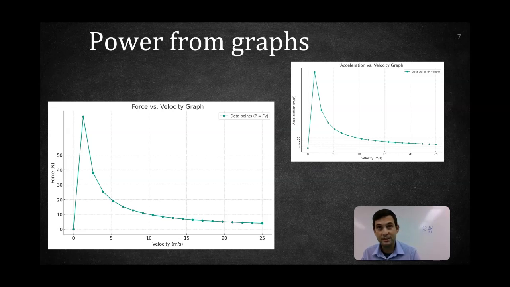Remember that force is directly proportional to acceleration. So maybe it's an acceleration versus velocity graph, which sounds really weird. But if our acceleration is changing as our velocity changes, we can multiply mass times that acceleration to get a force. Don't forget about those kinds of relationships.